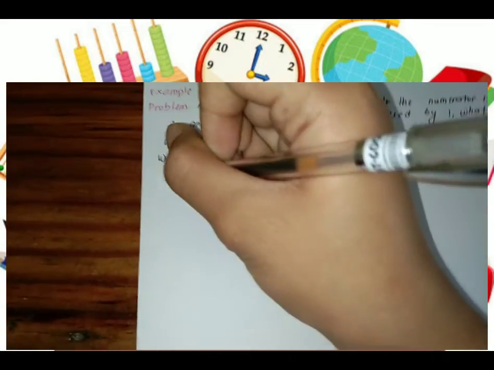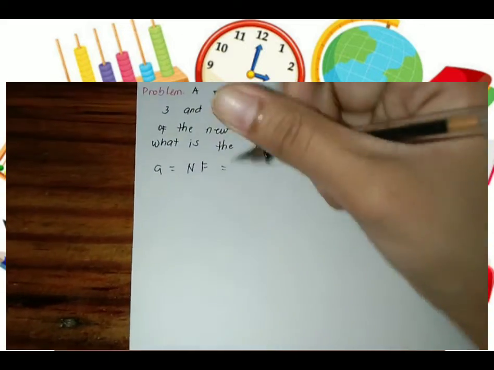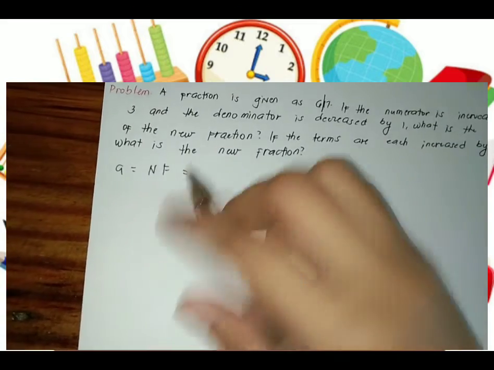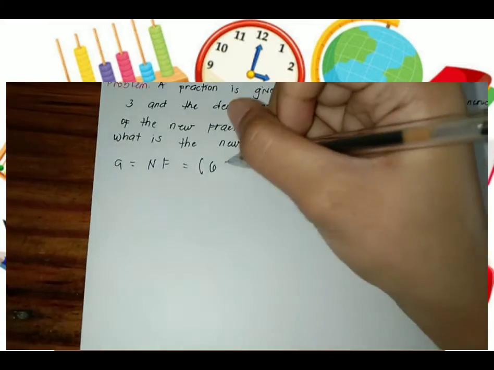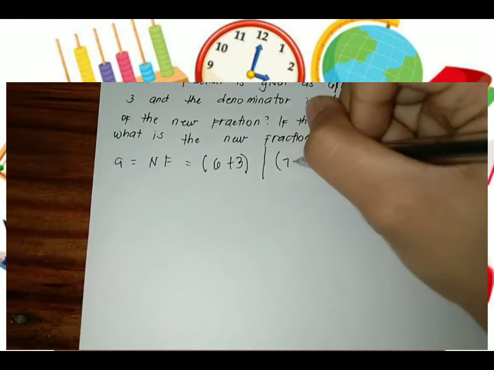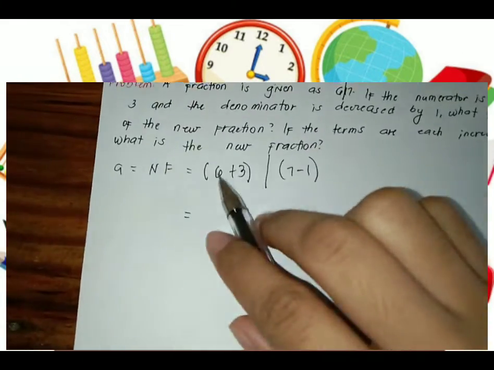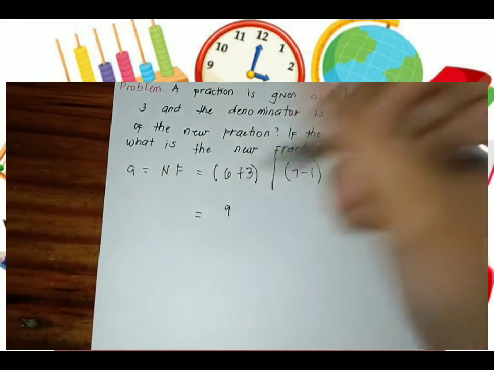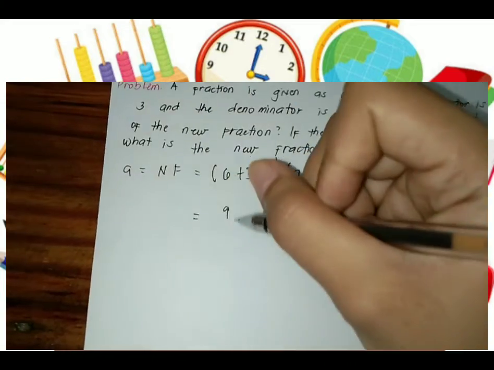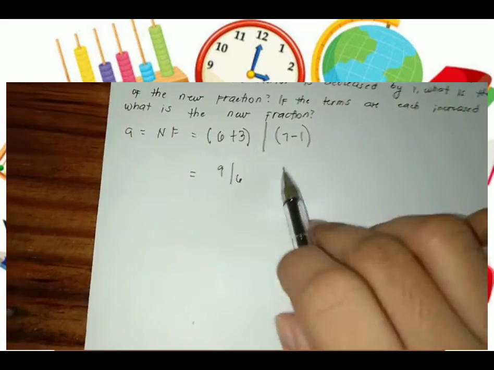So we have letter A, the new fraction is equal to quantity 6 plus 3 divided by 7 minus 1. So we have 6 plus 3 is equal to 9 and 7 minus 1 is equal to 6. So that is the new fraction that we were looking for.